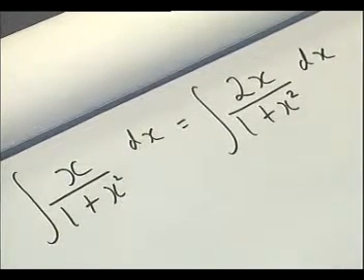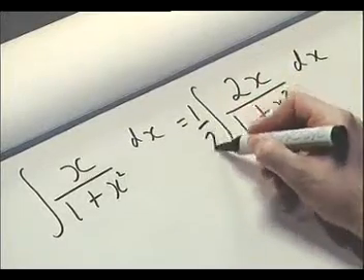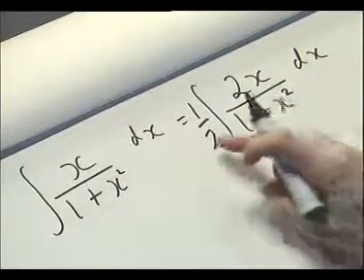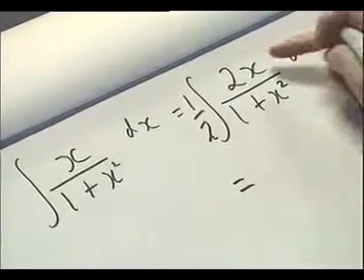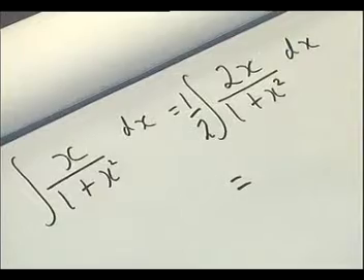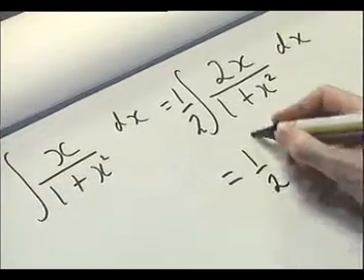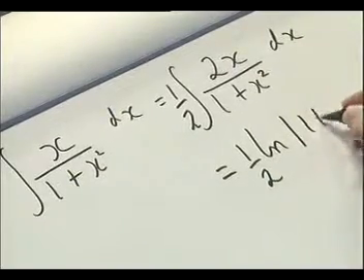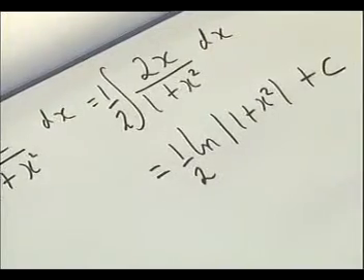If we've multiplied by 2, we've got to divide by 2, and that means we want a half of that result there. So now this is balanced out, and it's the same as that. What we've got on the top now is very definitely the derivative of what's on the bottom. So again, we can have a half the log of 1 plus x squared plus c.